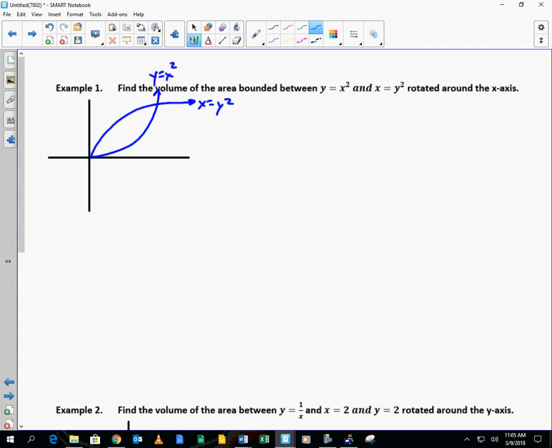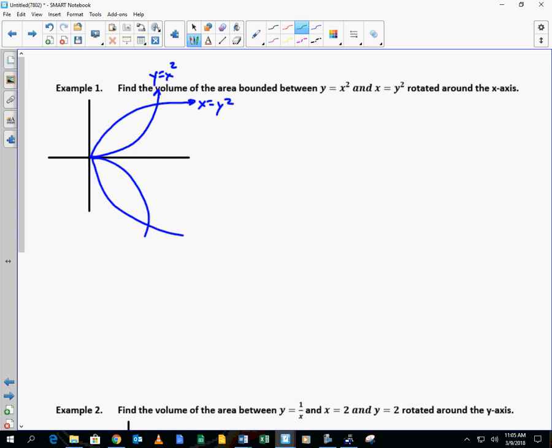Great. And what we're going to do is take that area and revolve it around the x-axis. So is it being revolved vertically or horizontally? It's being revolved vertically. So I'm going to draw a mirror image of it to the best of my ability. If I take that original area, would you draw vertical rectangles or horizontal rectangles? You could actually do either.